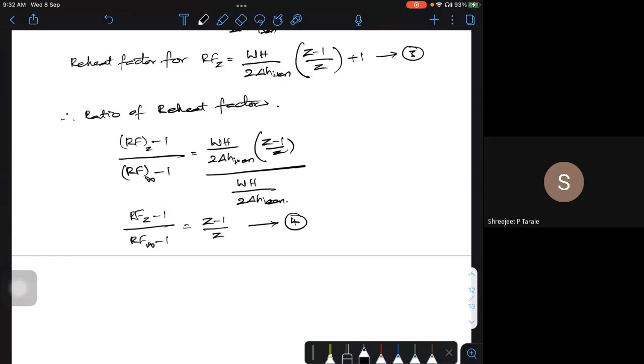This is a simple correction factor if I go for multiple stages. This correction factor is only applicable for multiple stages, meaning more than two. If it is one single stage, whatever reheat factor we calculated in the last class is fine.